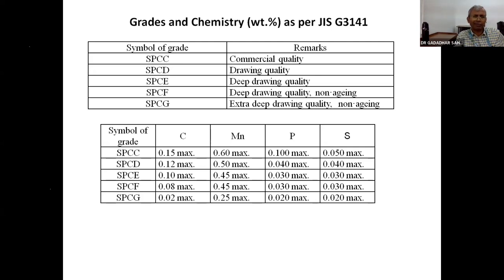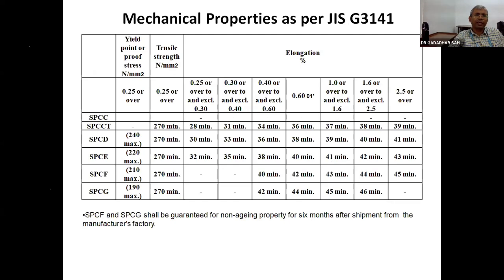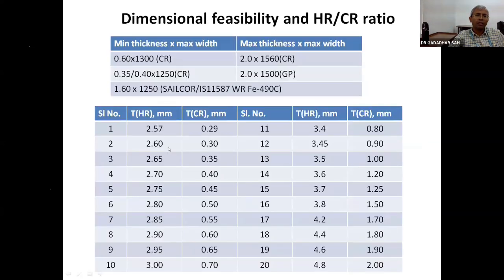There is no free interstitial, as titanium is added and the interstitial is stabilized. So here, though it is 0.02, practically it is very much less than 0.1. Okay, coming to mechanical properties, JIS G3141, same thing. What I was showing you, it will compare, no? It will match. Some slight variation you may get, otherwise it will almost match with this IS 513.